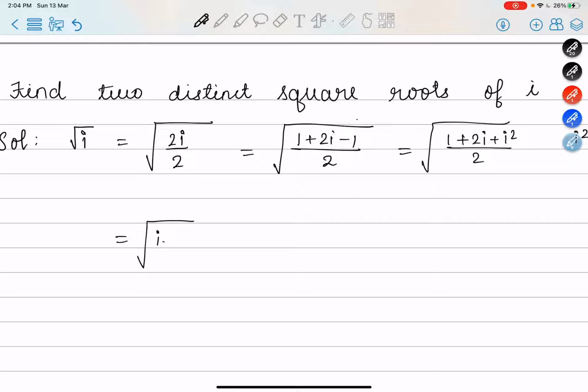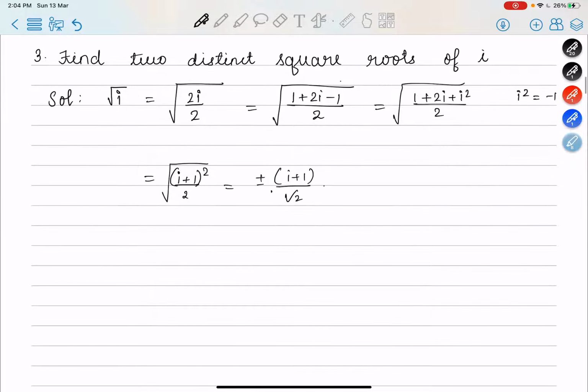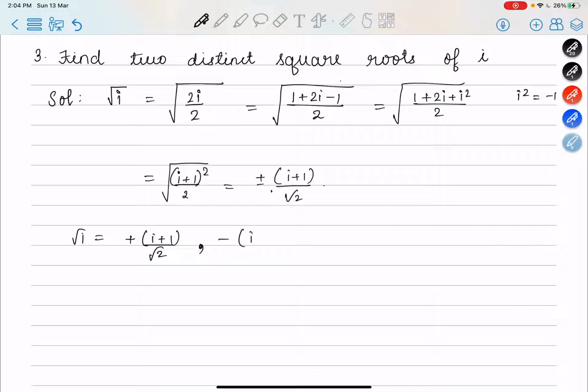So if a is i and b is 1, then this is what I'll get. So now I'll get plus or minus (i plus 1) by root 2. Therefore the two distinct square roots of i are plus (i plus 1) by root 2 and minus of (i plus 1) by root 2.